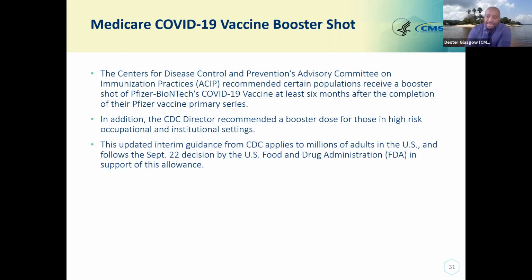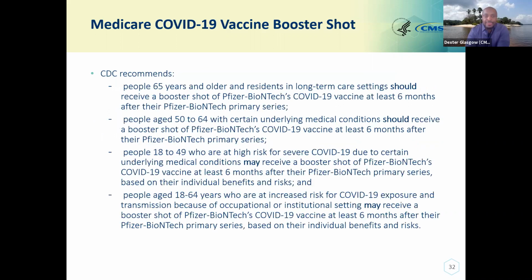At this time, the FDA's Pfizer-BioNTech booster authorization only applies to these select populations who receive the Pfizer vaccine as their primary series. People in the recommended age groups who receive the Moderna or J&J Janssen vaccine will likely need a booster shot, and more data on the effectiveness and safety of these booster shots are expected in the coming weeks. So looking at the CDC recommendations here.